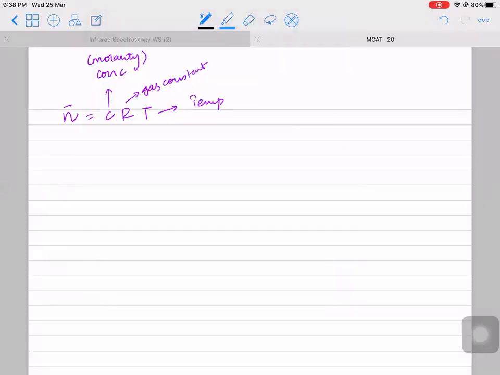Now you use molarity here. Why? Because obviously you're dealing with a liquid, and moles is equal to concentration times volume, so concentration will be moles upon volume. Why are you using molarity? Because measuring the volume of a liquid is much easier as opposed to measuring the weight of the liquid, right?